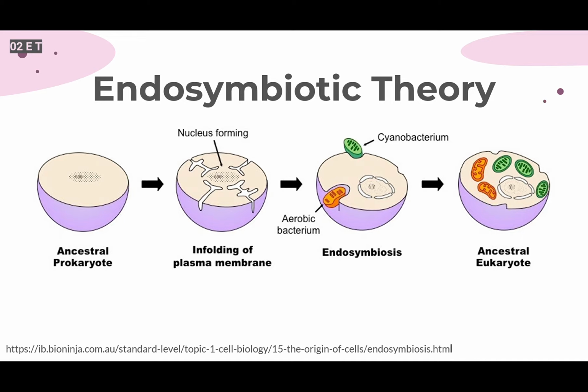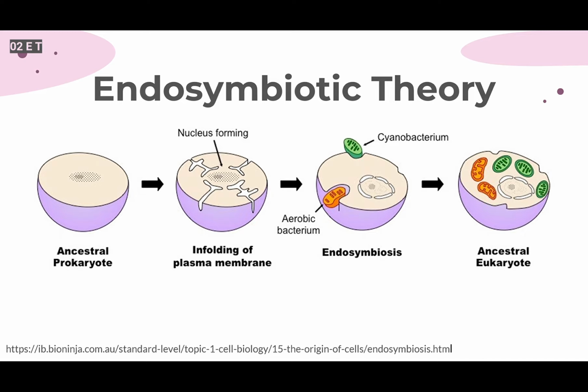Moving on, we have the endosymbiotic theory, and it's basically the origin of eukaryotes and how eukaryotic cells could have developed from simple cells. The organelles inside the eukaryotes were once prokaryotes. The theory says that there was an ancestral prokaryote, then the infolding of the plasma membrane, and the endocytosis of this prokaryote into another prokaryote, this endosymbiosis, which then became the organelles of this ancestral eukaryote.